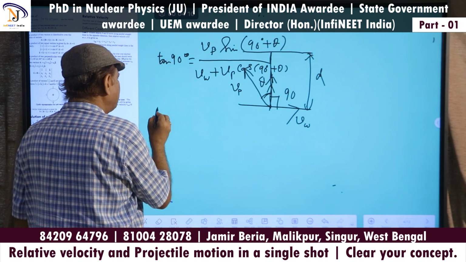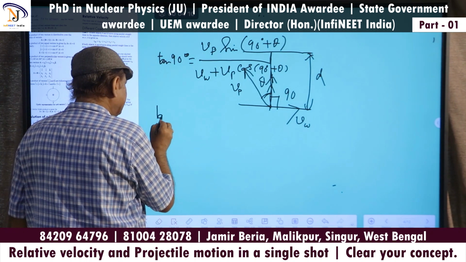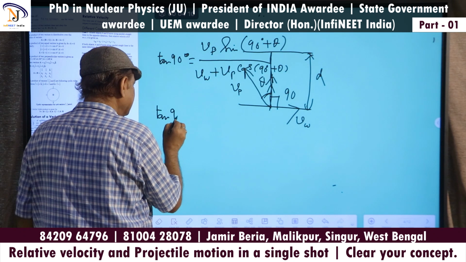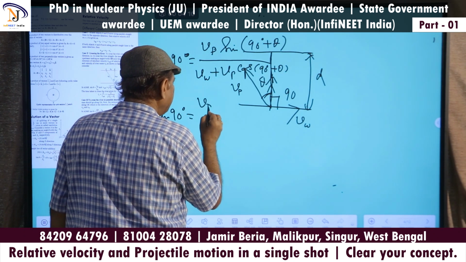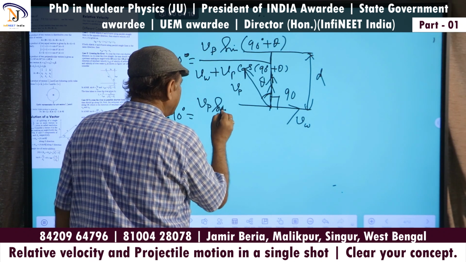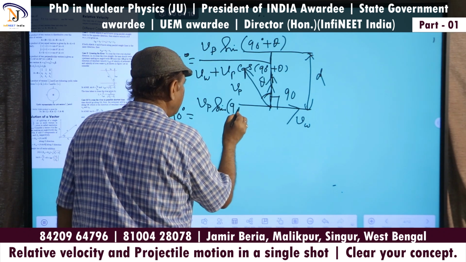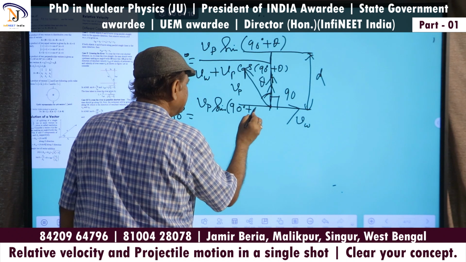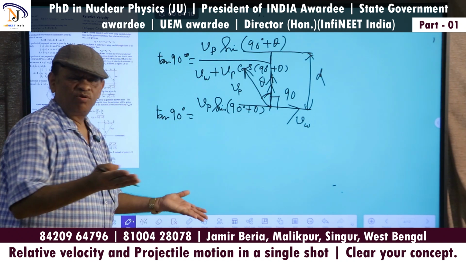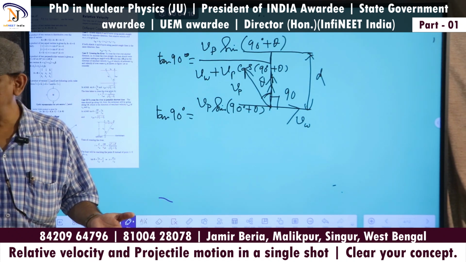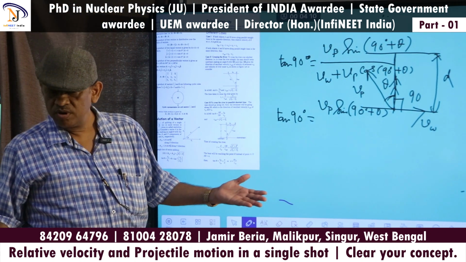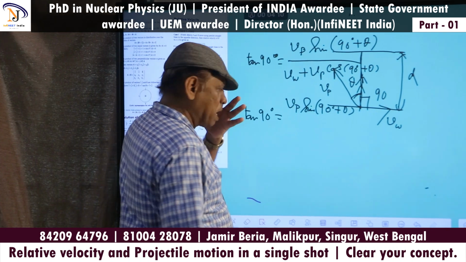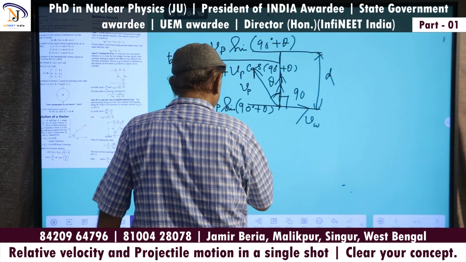Or a little better way, you can write tan 90 degrees equals Vp sine of 90 degrees plus theta, as you know, Q sine alpha by P plus Q cos alpha. I have already told you, just follow your note, okay? And what will be the denominator?